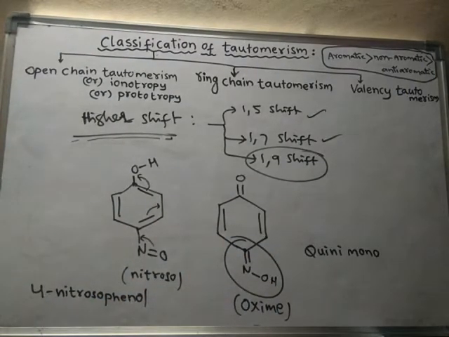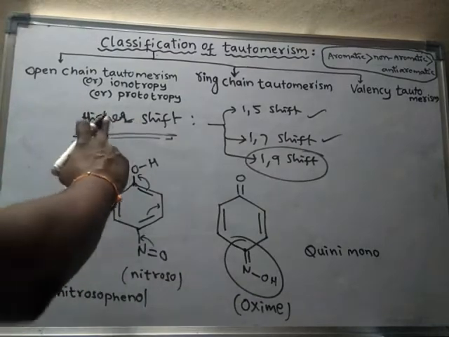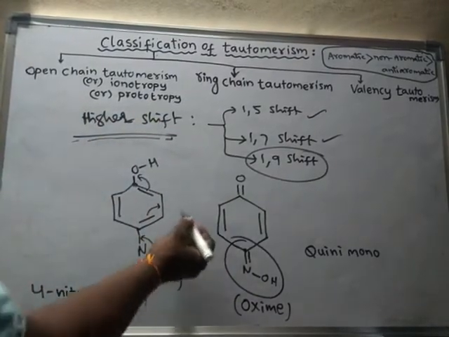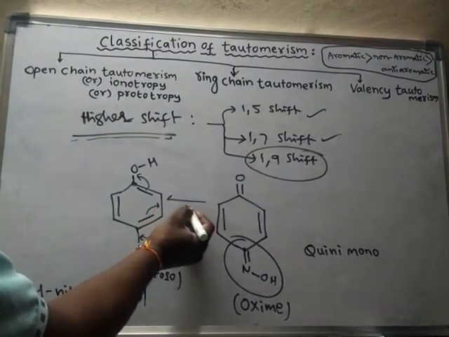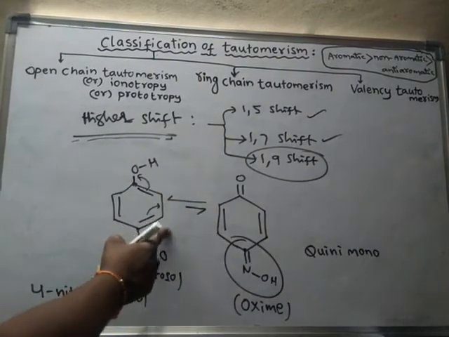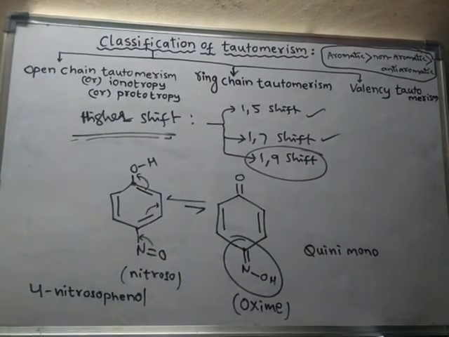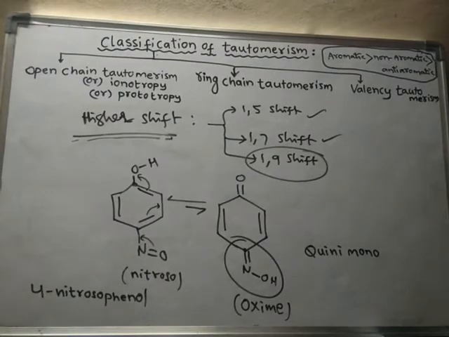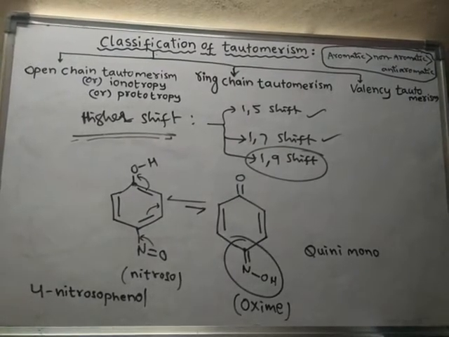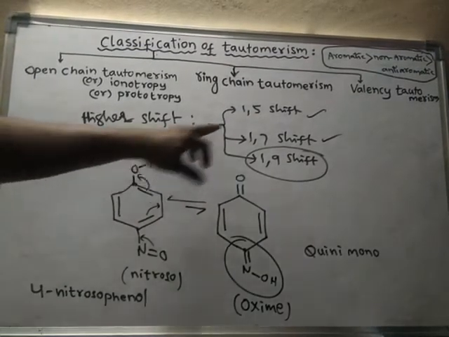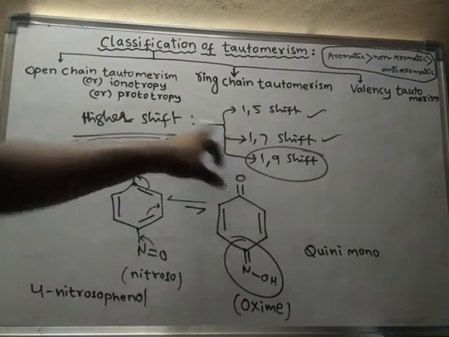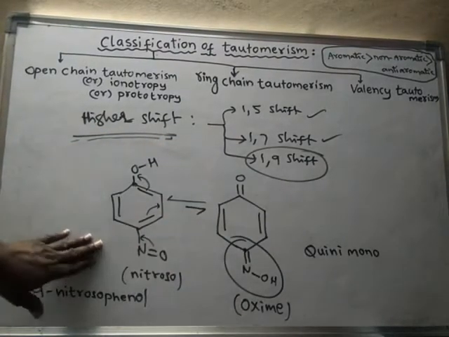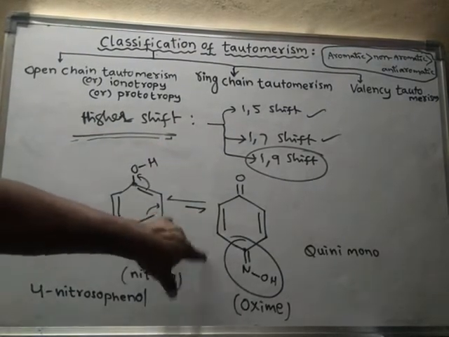See, already here in general, in higher shifts, nitroso is more stable than oxime. In lower shifts, in 1,3 shifts, oxime is more stable than nitroso, whereas in 1,5 and here it is 1,7, higher shifts, nitroso is more stable than the oxime form.